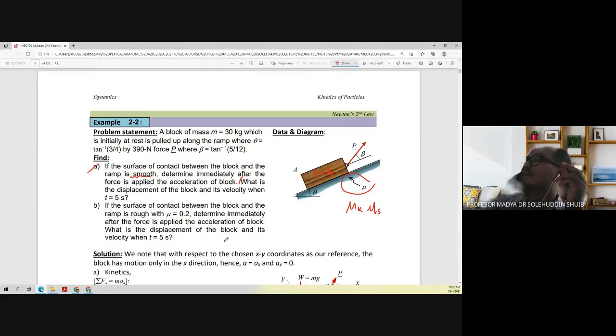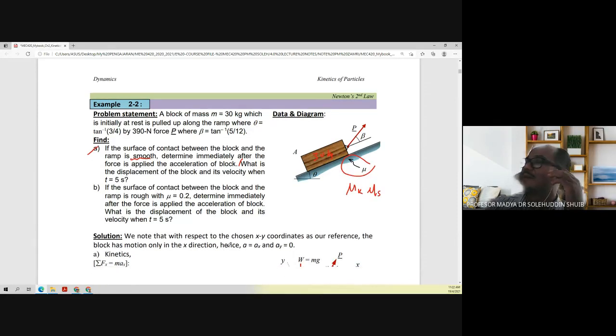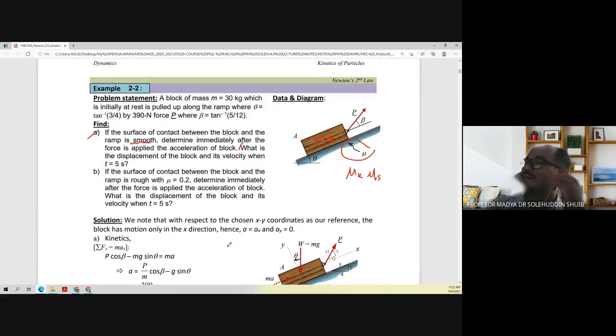We need to choose what kind of coordinate system. Since we have done this in our previous class, we are going to choose xy coordinates as our reference.